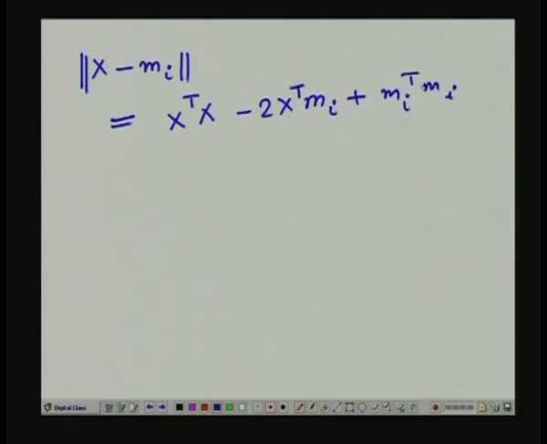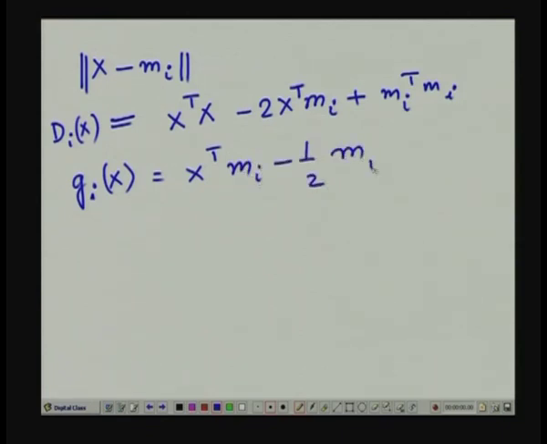So, this becomes my d i x. If this d i x is minimum for a particular value of i, then x is assigned to that particular class, and that is equivalent to having a discriminant function of the form g i x, which is nothing but x transpose m i minus half of m i transpose m i. That can be easily argued from this particular expression.